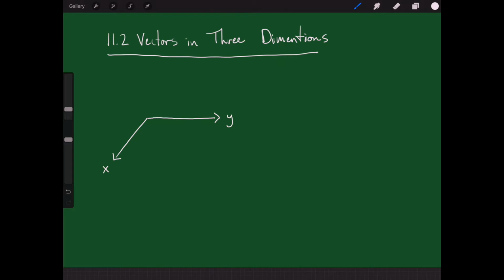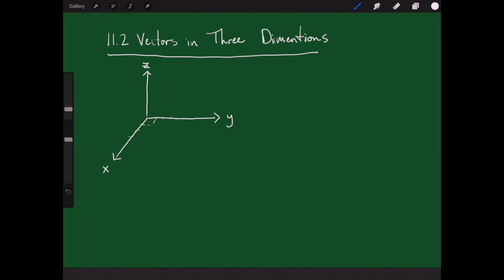You can think of the markings here and the markings here, so that you have points out here in the plane. And then we could draw our z-axis, which is going straight up from there. And so here's our 3 dimensions.